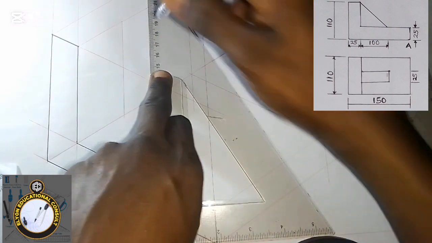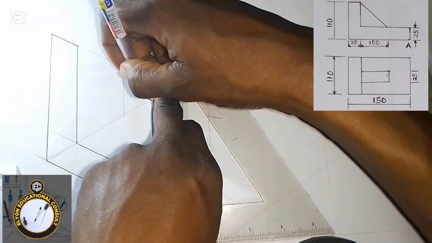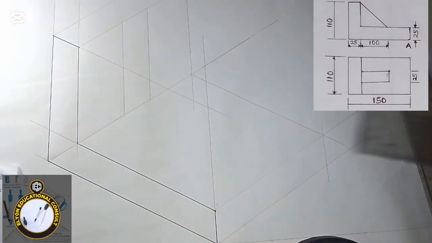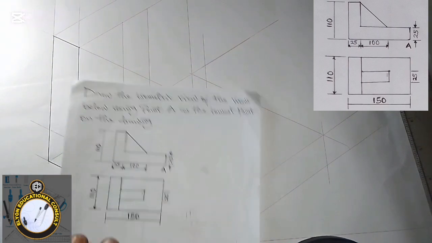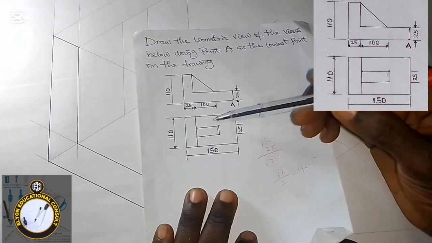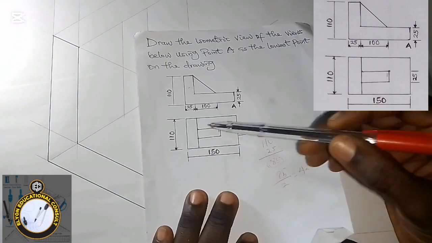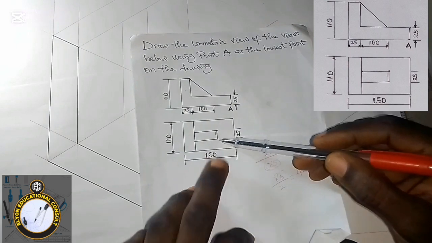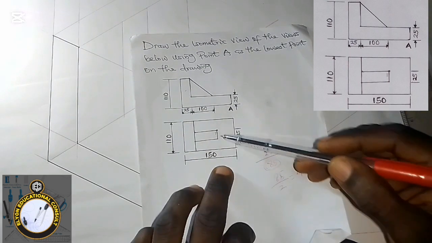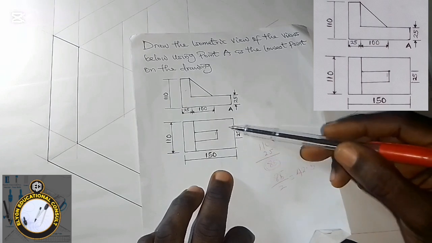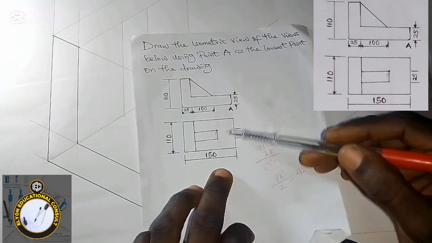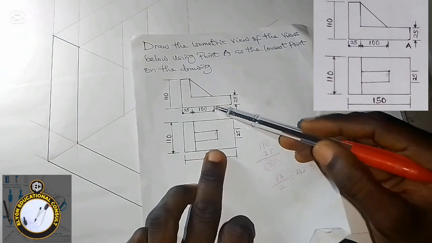Draw a vertical. When we look at the diagram, this part here is not reaching down here, so we must figure out this measurement here. Now if you look at it from here, we need to know what length it is.